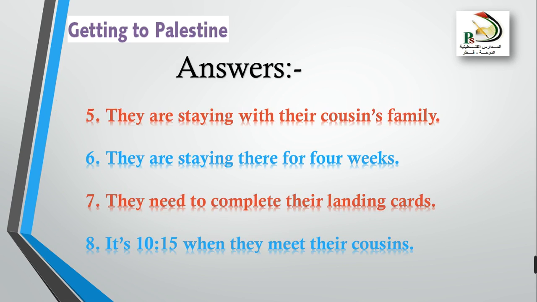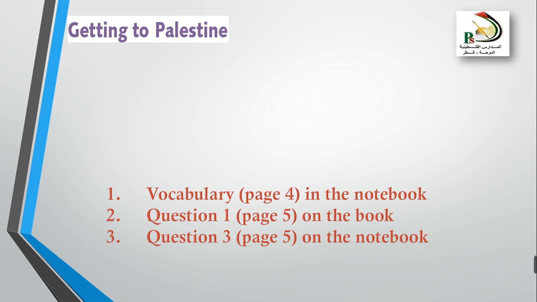Number 5, they are staying with their cousin's family. Number 6, they are staying there for 4 weeks. 7, they need to complete their landing card. And the last one, it's 10:15 when they meet their cousins.